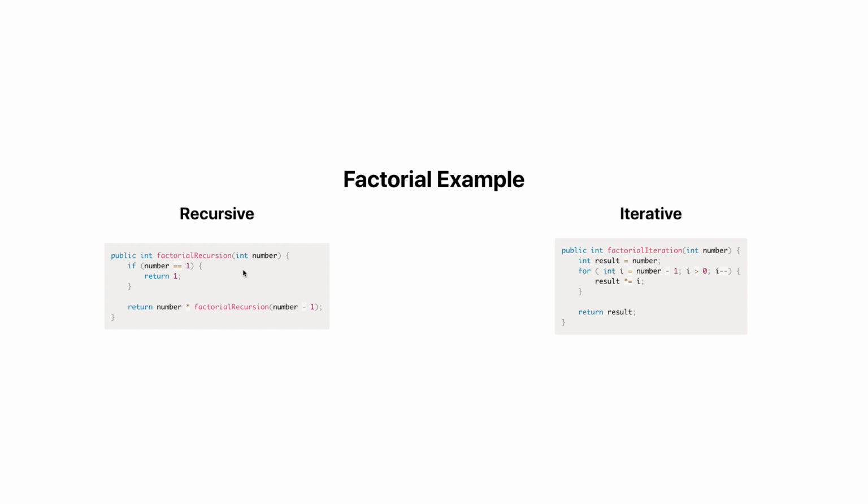This is going to return n1 times whatever our second method call returns.